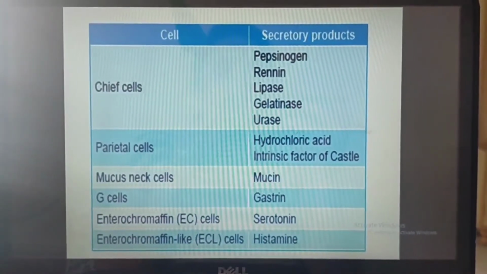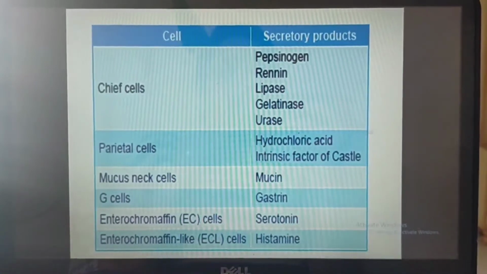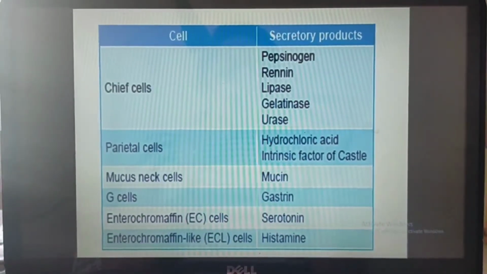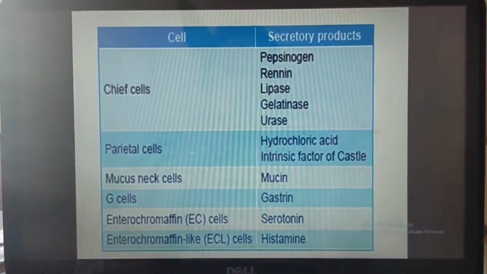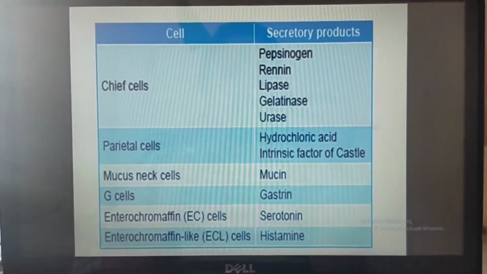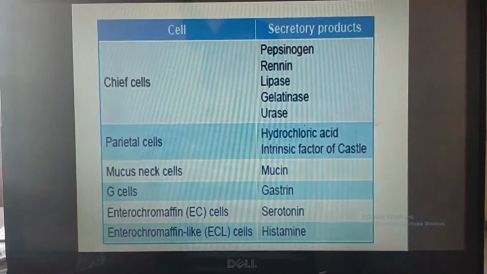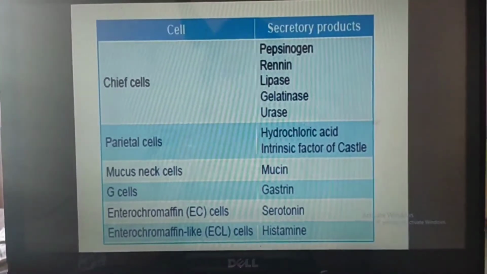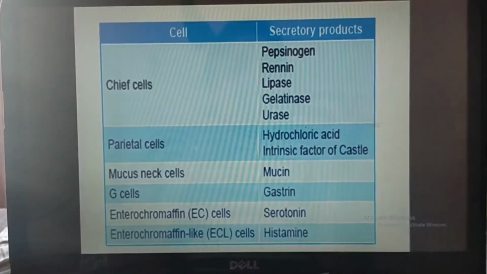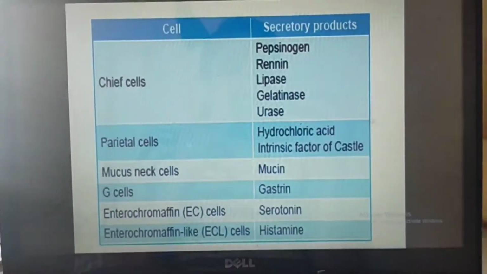Mucous neck cells, and secretory product of mucous neck cells would be mucin. Then there are G cells, and the secretory product is gastrin. Then there are EC cells which secrete serotonin, and there are ECL cells which secrete histamine.